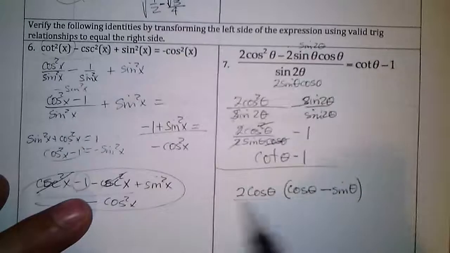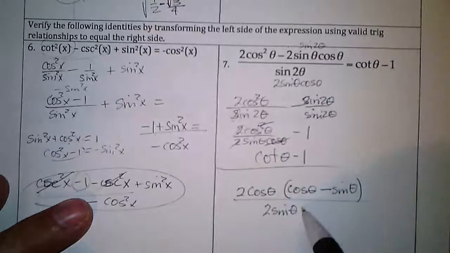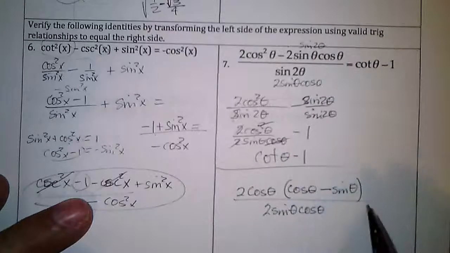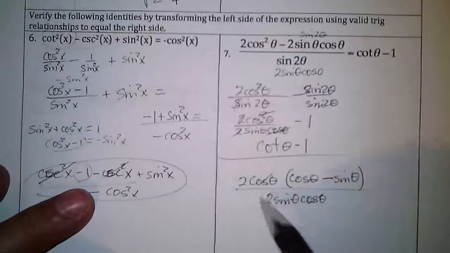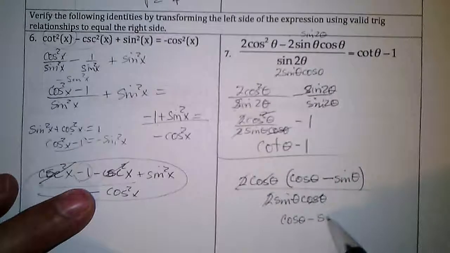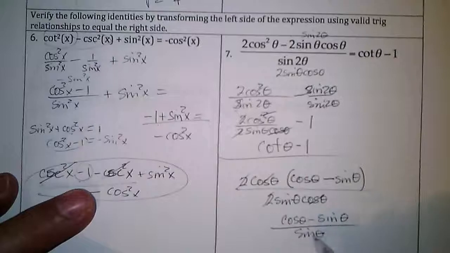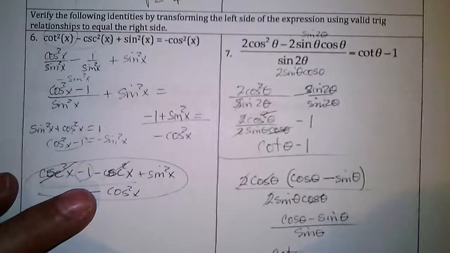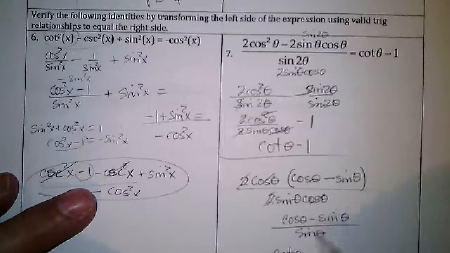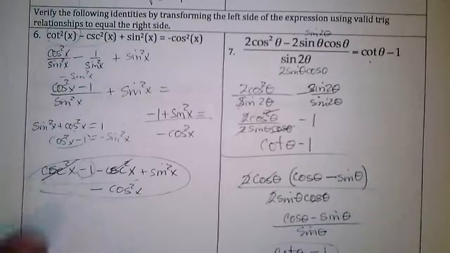And if we had that over the 2 sine theta cosine theta from the double angle formula, the cosines could cancel and the 2's could cancel, and then we'd have cosine theta minus sine theta over sine theta. Cosine theta over sine theta is cotangent theta. Minus sine theta over sine theta would be minus 1. Get the same answer another way.